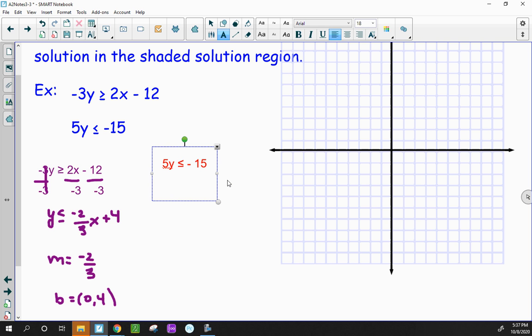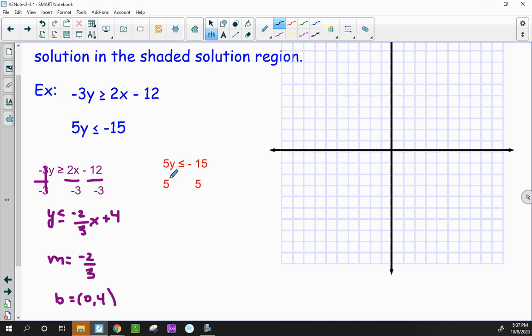So you're just going to have to divide by the 5 because you want the y by itself. When you have one variable, always just solve for that variable. Okay, so in this problem, I've divided by a positive 5, so since it's not negative, I do not change the symbol. So I'm going to leave this alone. That's less than or equal to. And then negative 15 divided by 5 is just negative 3.